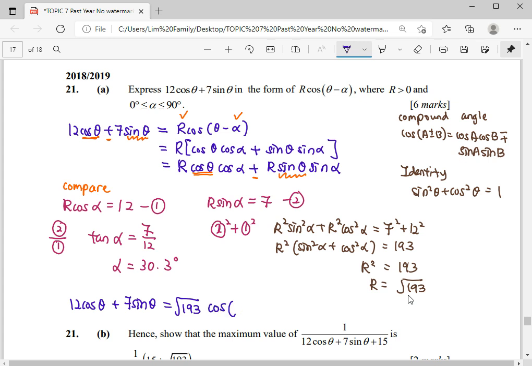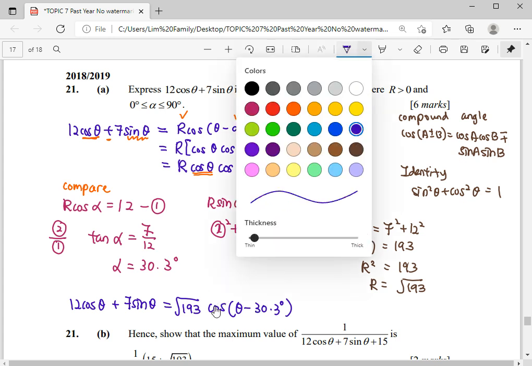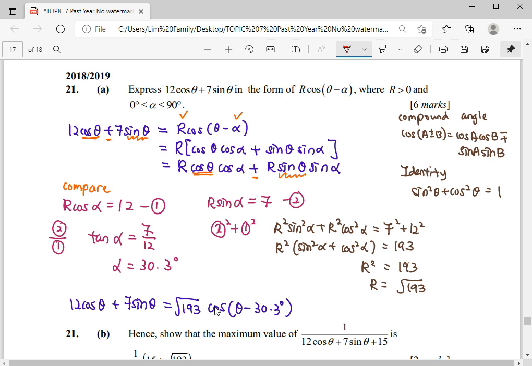Then our alpha, we managed to find here is 30.3 degrees. So this is how we express these two trigonometry terms, sine plus cos, into one term of cos here.